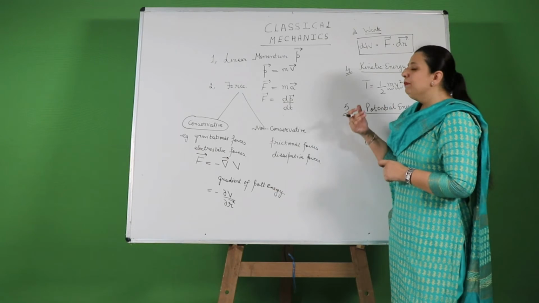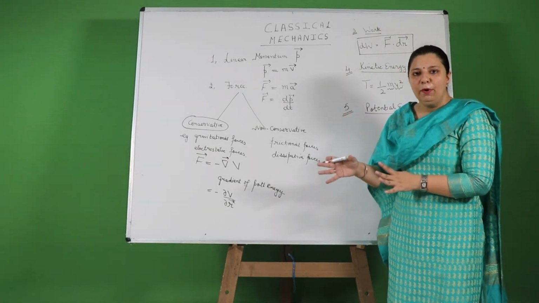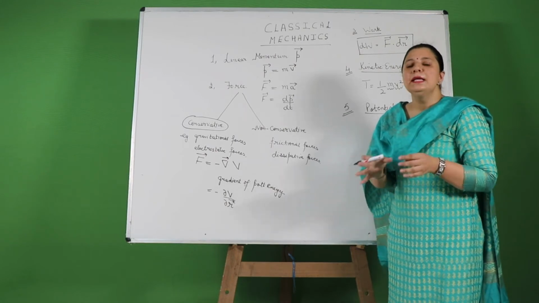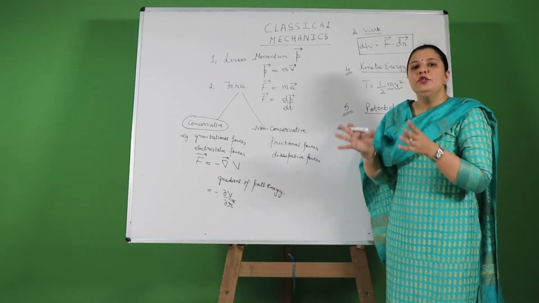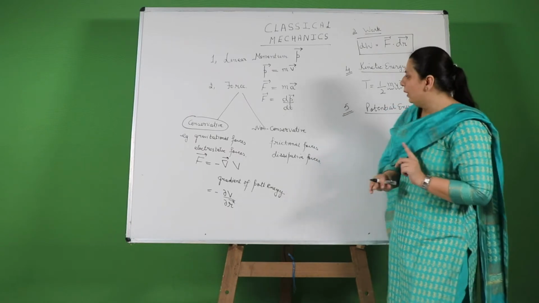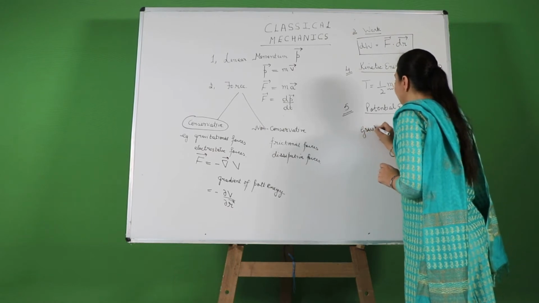So similarly, potential energy is the energy possessed by the body by virtue of its position, and it is defined as the amount of work done to bring a unit mass from infinity to the given point.